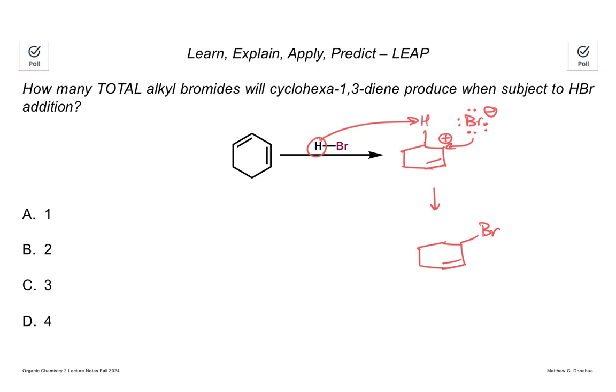It says, how many total alkyl bromides will the starting material produce? When you look at that structure, what's something we have to consider as a review? Is it just that, or is it that plus other things?